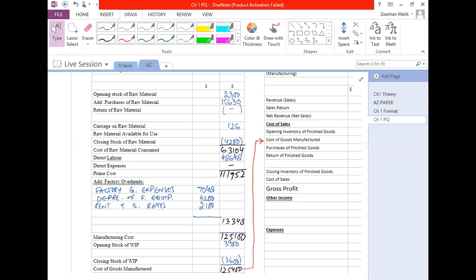There can be purchase of finished goods and return of finished goods also. It is not available in this question.